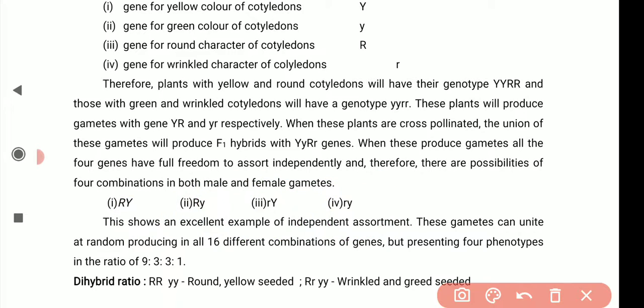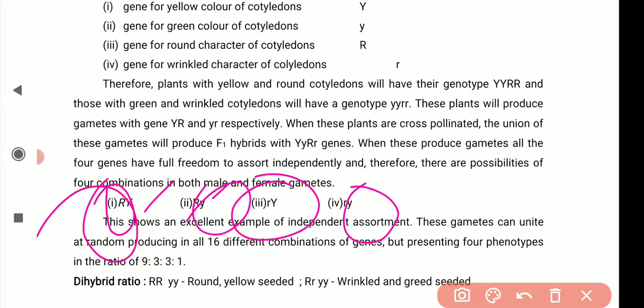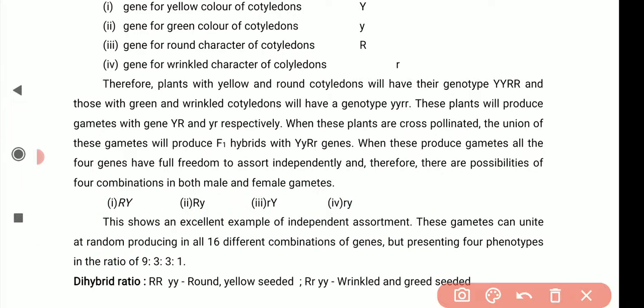Capital R could be with capital Y or small y. Capital R could be with small y or big Y. Or a small r could go with small y or big Y. Or big R could be with small y or big Y.